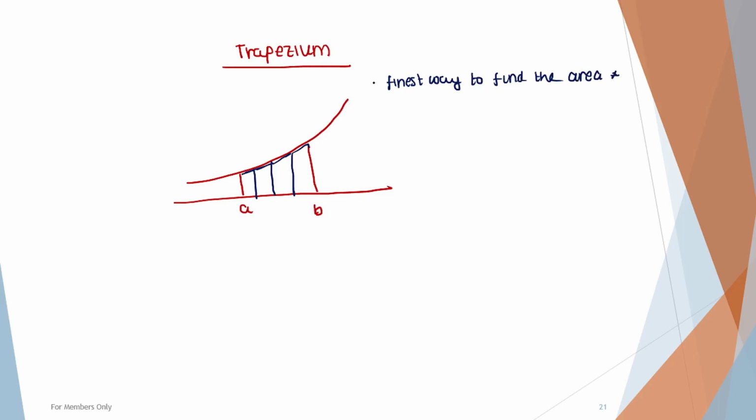Okay, so how we'll compute area? So what we'll do is find the tangent here at the middle point, or basically we can find f(x star), which is equal to f(xi) plus f(xi+1) divided by 2.